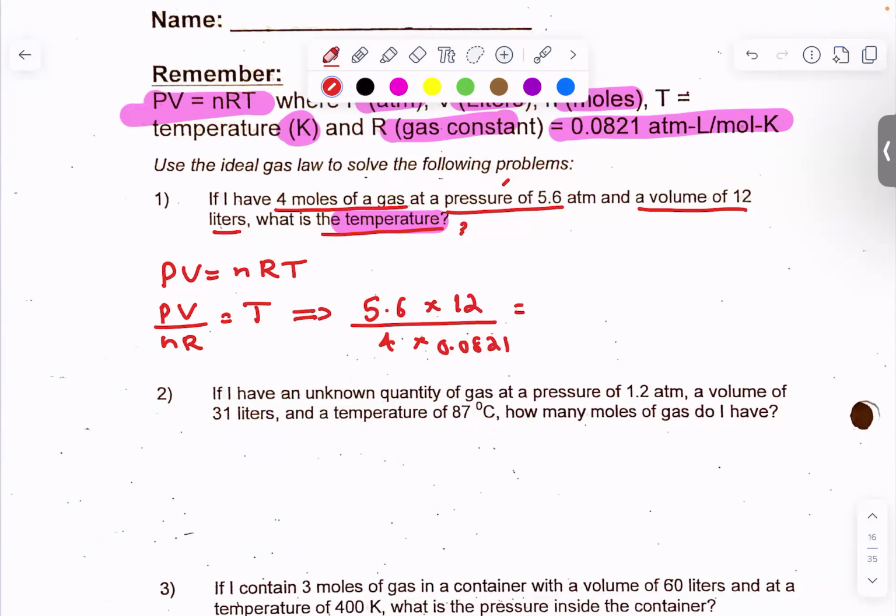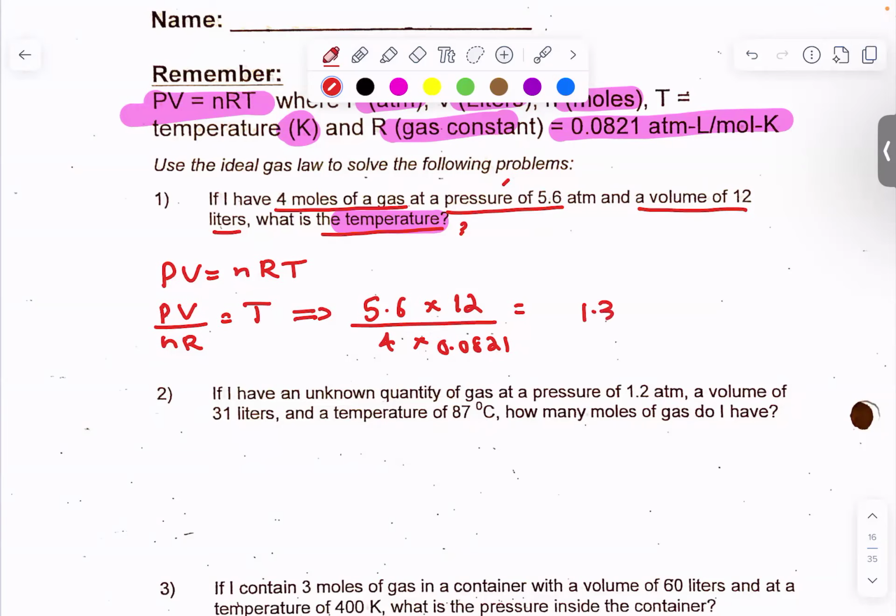So try to solve it and get the answer. Okay, I got 1.38.